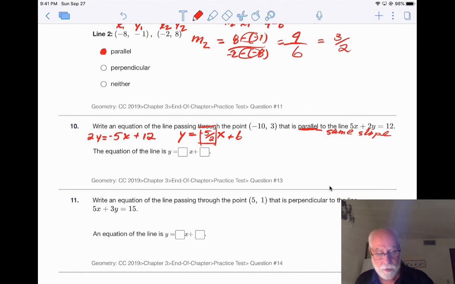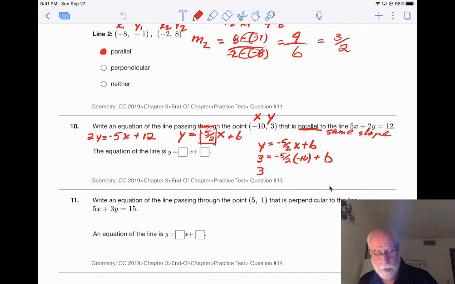So now we're going to say our new equation is y is equal to negative 5/2 x plus b. Now we're going to take this point, remember this is our x value, this is our y value, and we're going to substitute those into the problem. So I'll get 3 is equal to negative 5/2 times a negative 10 plus b.